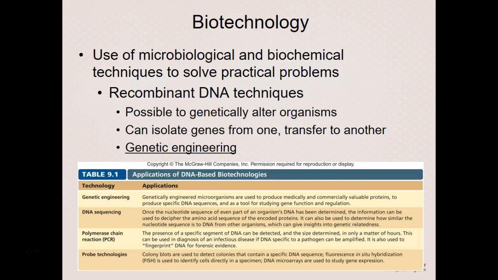So we use these different mechanisms of horizontal gene transfer to alter microorganisms. And that is genetic engineering, altering microorganisms or altering any organism's genes to allow them to produce new useful substances or to alter their characteristics.